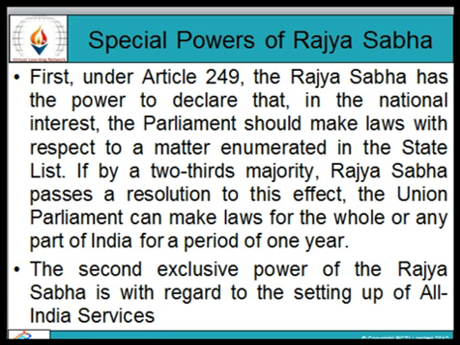If by a two-third majority, Rajya Sabha passes a resolution to that effect, the Union Parliament can make law for the whole or any part of India for a period of 1 year. The second exclusive power of Rajya Sabha is with regard to the setting up of All India Services.